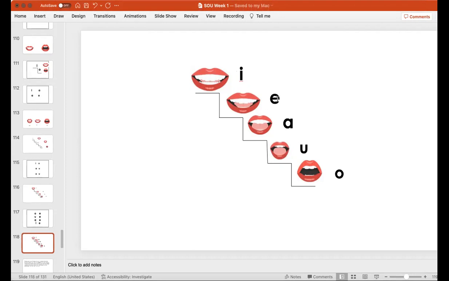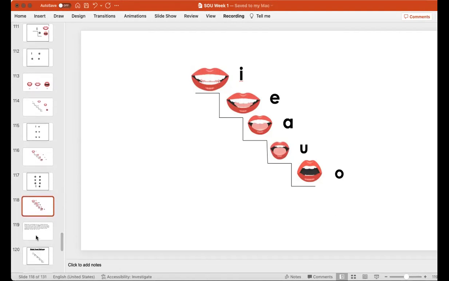And we use this graphic of the single vowel staircase to really anchor our students' understanding of the single vowels, which is really challenging for them, okay? And I'm going to show you all kinds of different things to do with these.